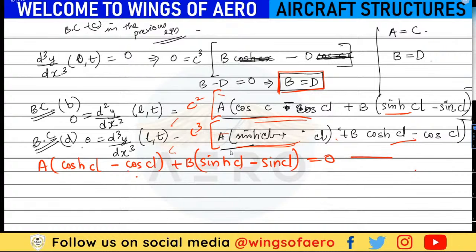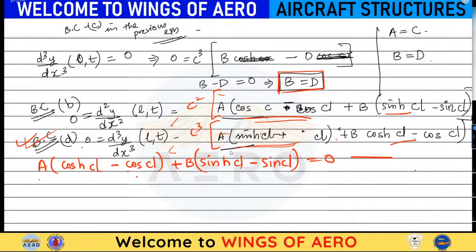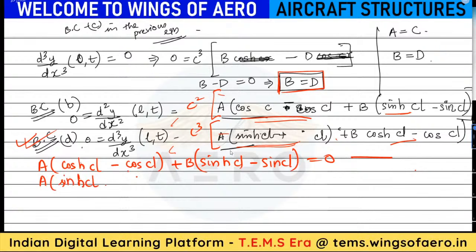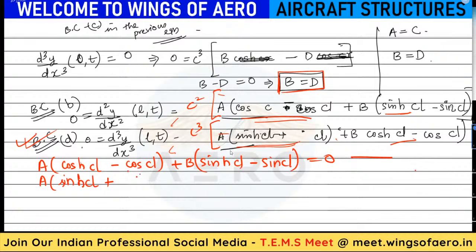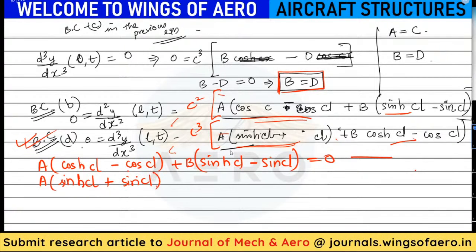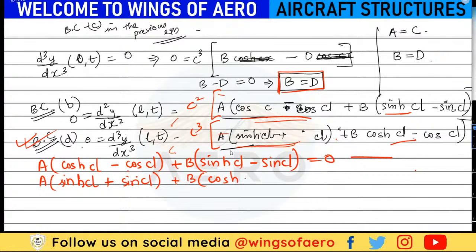This is one equation you will get. Now the next equation from this, you will get A sinh CL plus sin CL, right? Plus B cosh CL minus cos CL equal to 0.